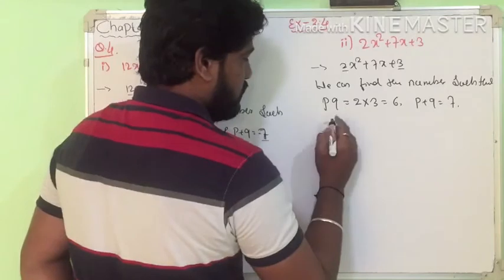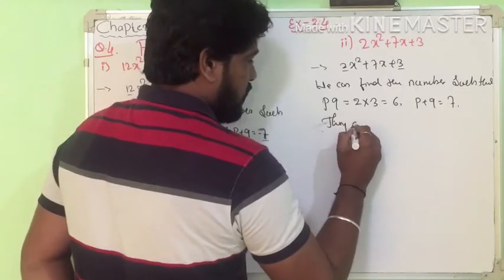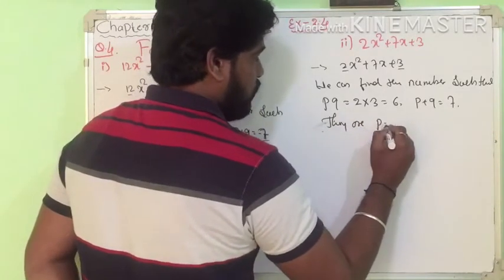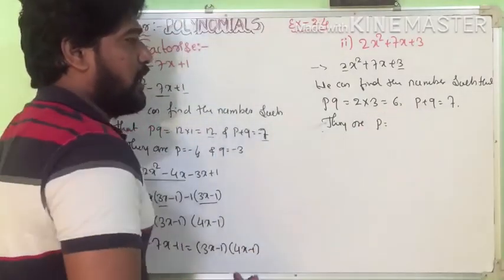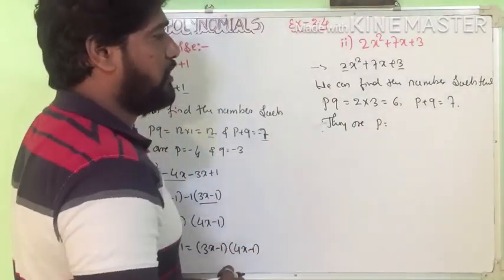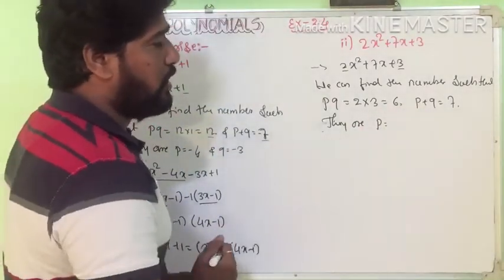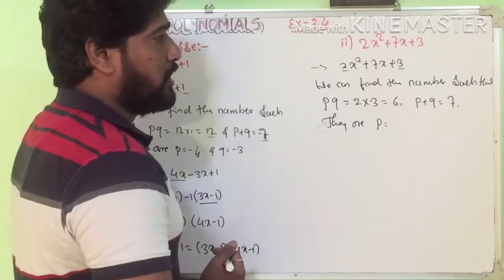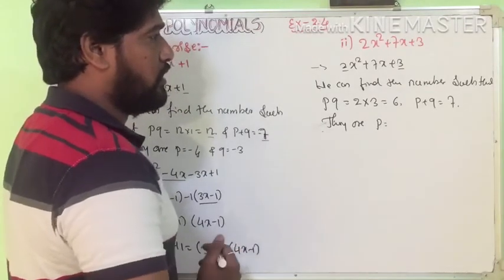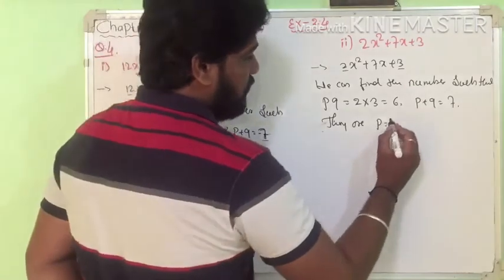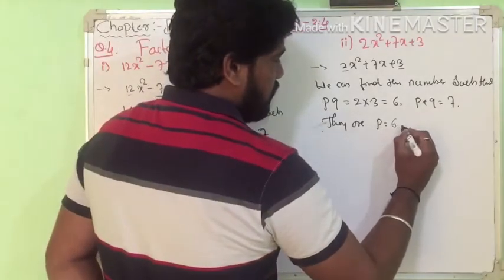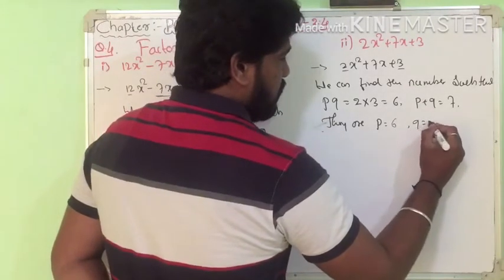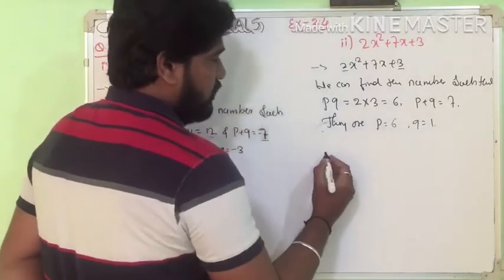For multiplication we want 6 and for addition we want 7. 6 ones are 6, 6 plus 1 is 7, so p is equal to 6 and q is equal to 1, right?